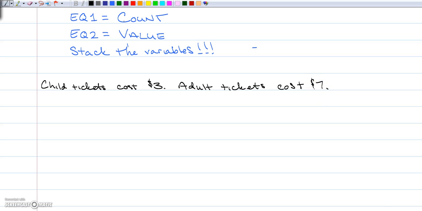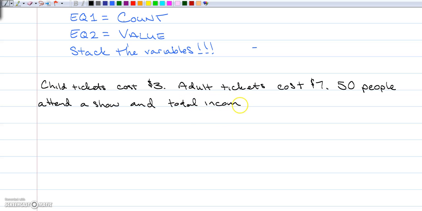And then I'll say something like, there are a total of 50 people. And the total income is $310. How many kids are there?